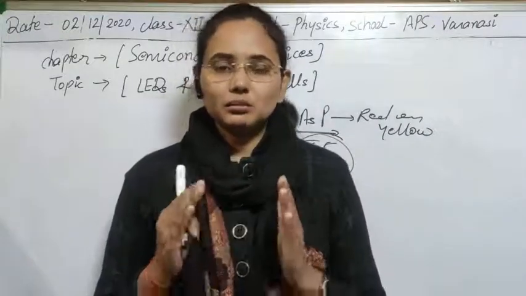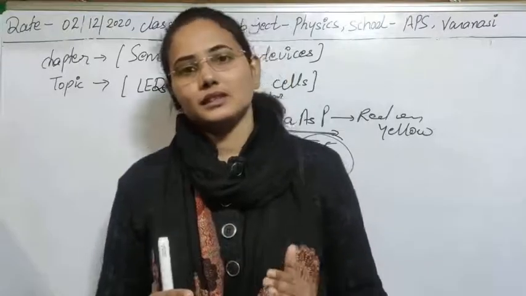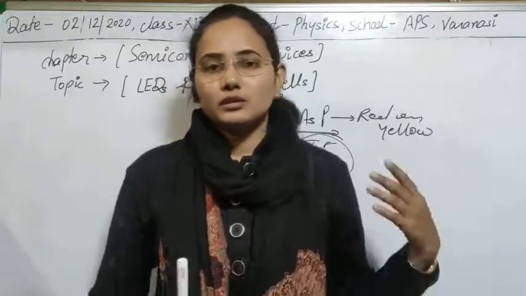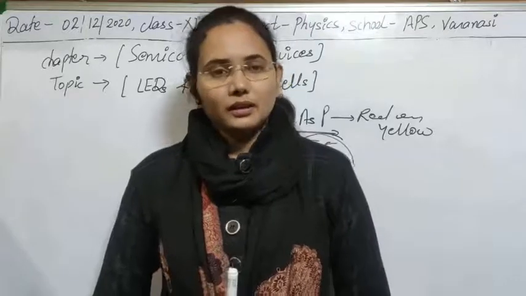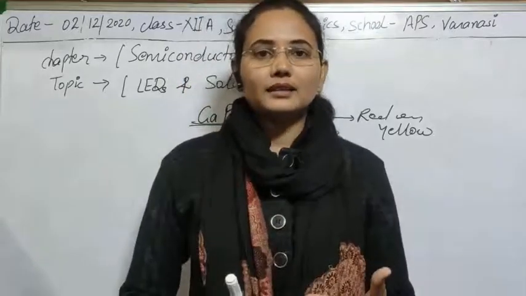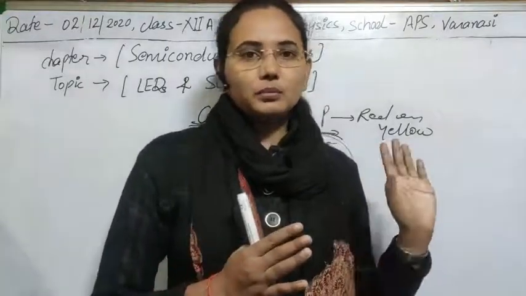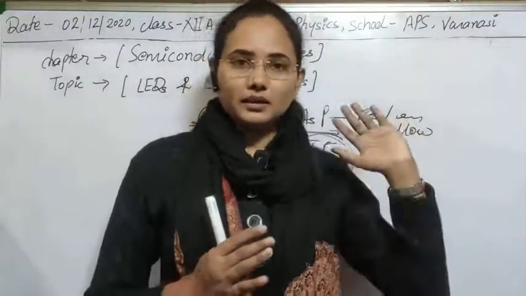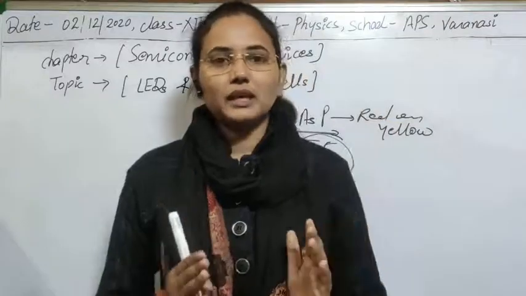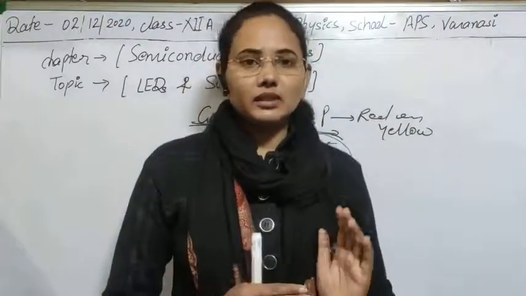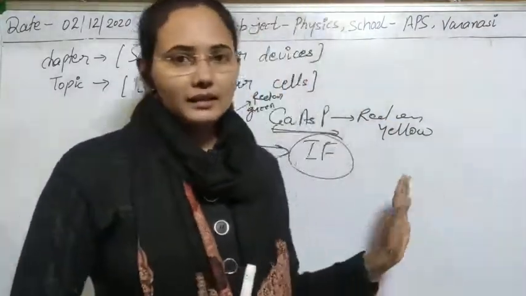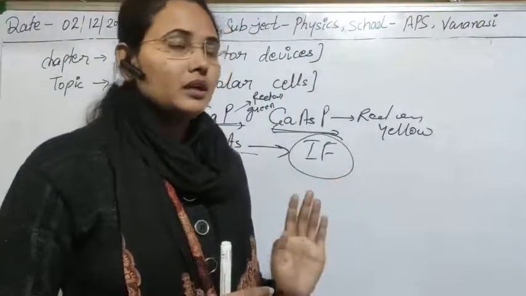We need to provide sufficient resistance there, because there is low resistance in the case of LEDs, as we are using them in forward bias. So to provide sufficient resistance to the circuit, we need to connect a resistor in series with it. I think that is clear to you.